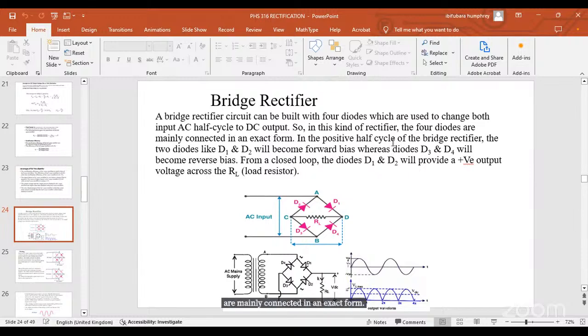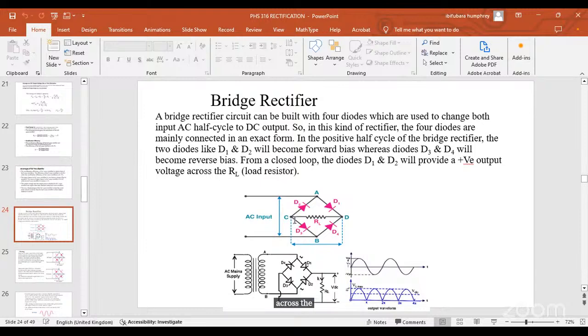In the positive half cycle of the bridge rectifier, the 2 diodes D1 and D2 will become forward bias, whereas D3 and D4 will become reverse bias. In a closed loop, the diodes D1 and D2 will provide a positive output voltage across the load.